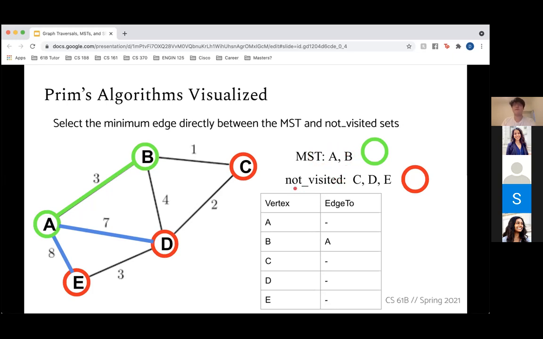And now we have non-visited set C, D, E and our MST set A, B. This table that I created below is just to give our MST. We can see that we start with vertex A, and then we have the edge B connected to A, representing this edge that we created.